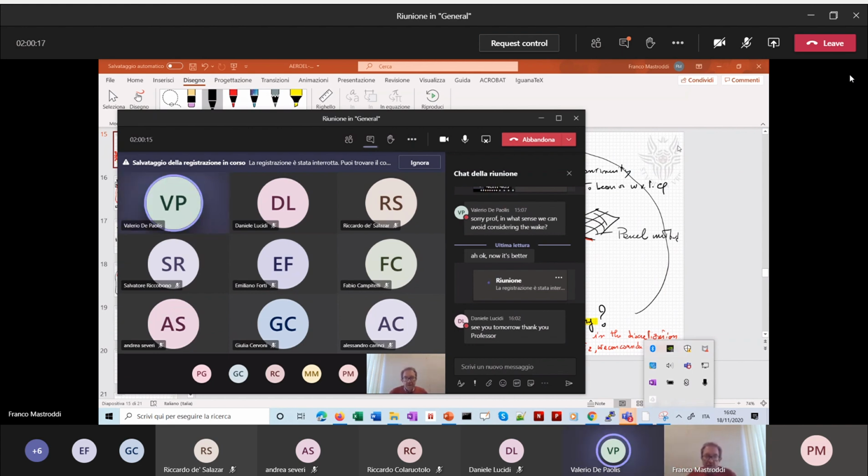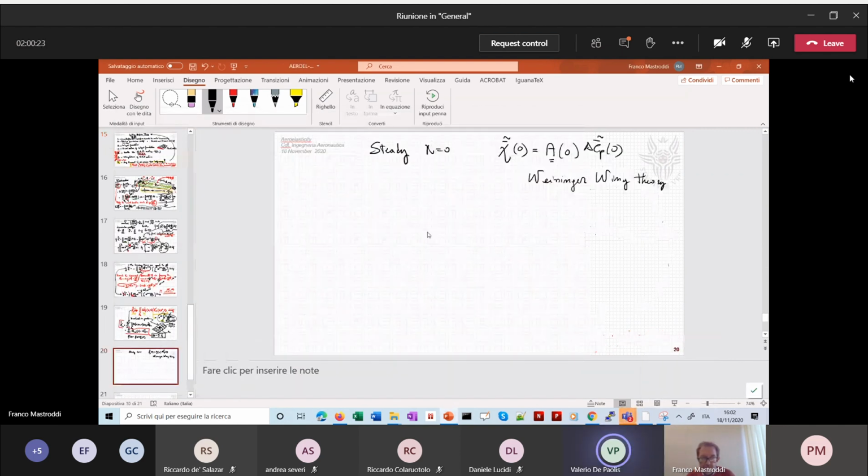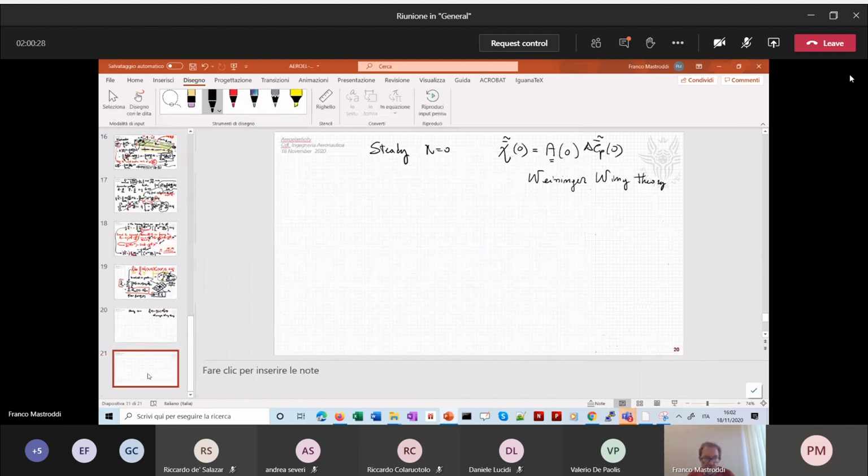When you have an integral equation, this definition is inside the theory of integral equation.